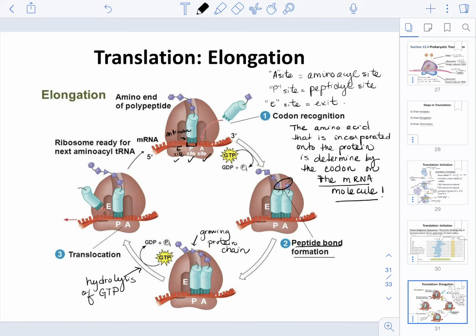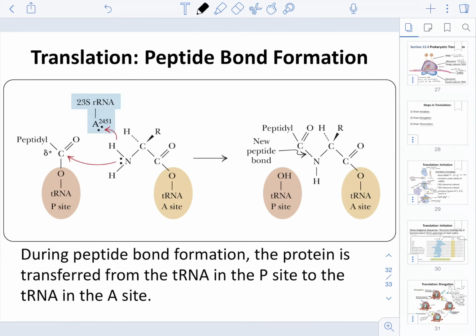So now another 3-letter codon can be identified by a tRNA, and we continue growing the peptide chain, or the protein chain. So let's look specifically at what is happening between the P site and the A site.